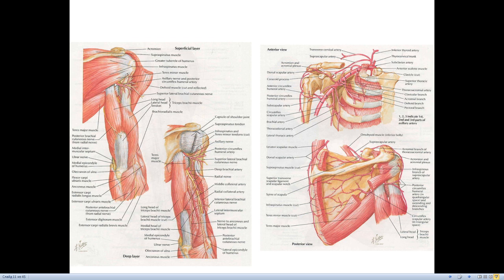Consequently, from these sides they surround the axillary artery.